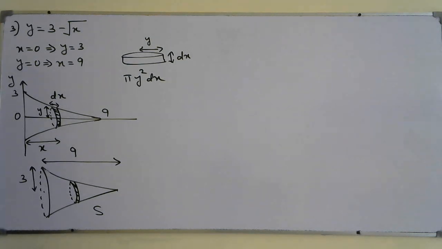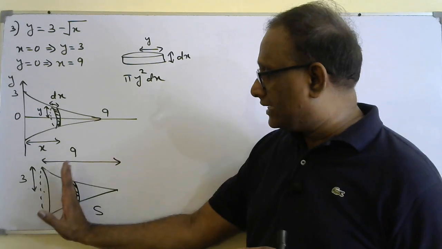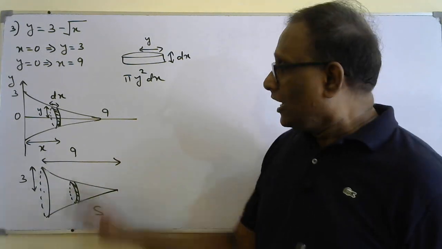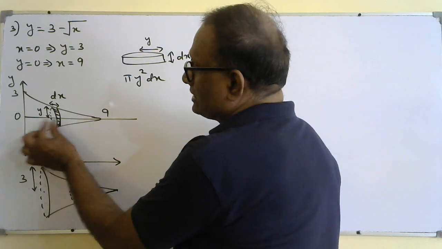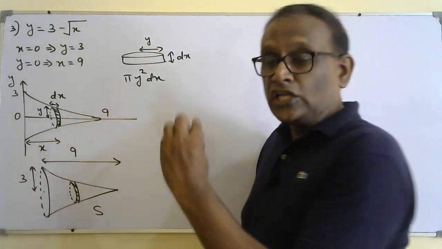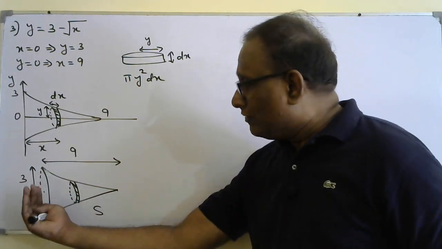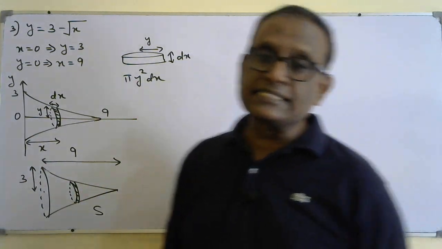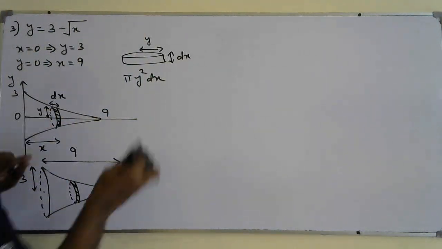Okay, so we imagine we are going to fill this S. S is the name of the solid three-dimensional object. We are going to fill this by many different discs from this edge to this edge. If we know the volume of each and every disc, and we add all those volumes, we will get the whole volume. So I can say delta V is the volume of the small disc that I imagine inside.